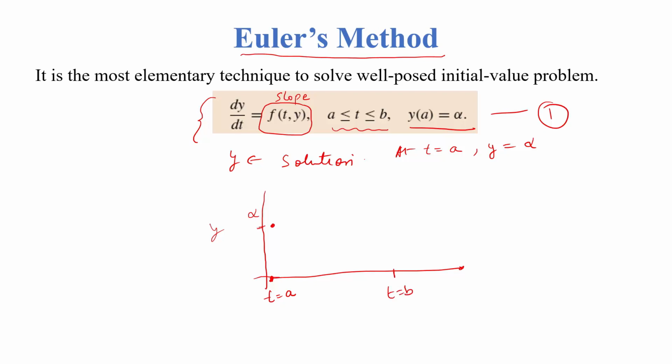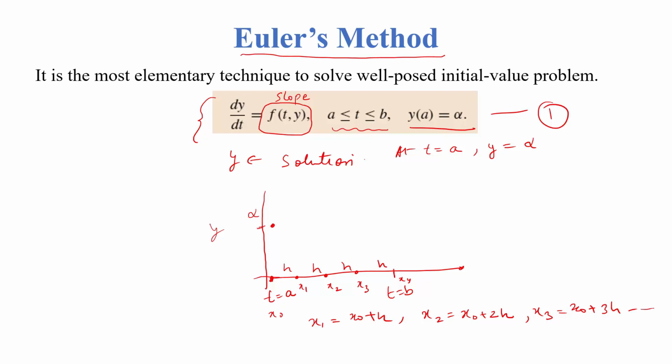Now in Euler's method, we divide this domain into equally spaced points with spacing h. Suppose this is x naught, I'll call this x1, this x2, this x3, and this x4. You can see that x1 is x naught plus h, x2 is x naught plus 2h, x3 is x naught plus 3h, and so on.